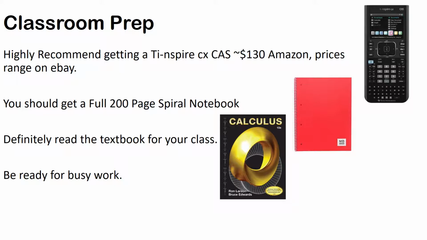Spending 180 days in the classroom doesn't mean you'll take a page of notes every day. You may spend half a page of notes every day. You'll also probably be doing lots of homework problems, depending on your teacher, depending on your professor. But I recommend getting that full 200 pages because it's a really nice sweet spot for how long you'll be in the class, for how much work you'll be doing.